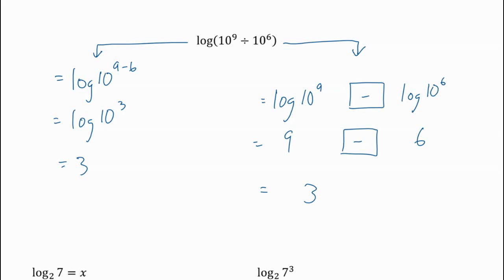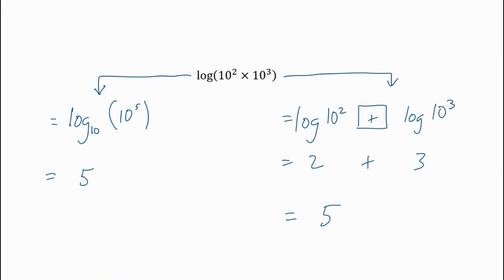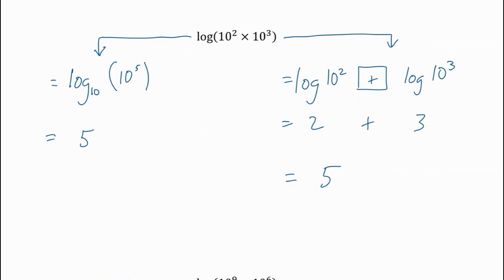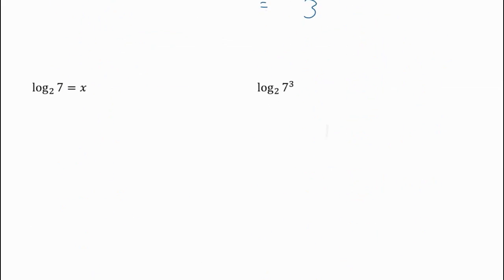So division and subtraction are related, and multiplication and addition are related. For some of you, you're going to like it a lot more when we do this with examples, with numbers. And that's fine.